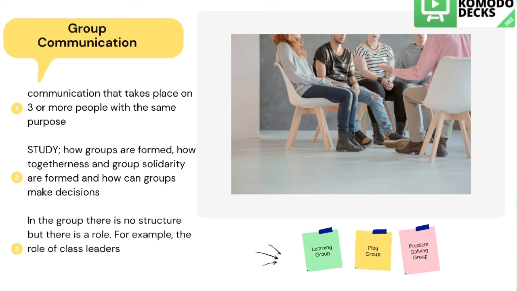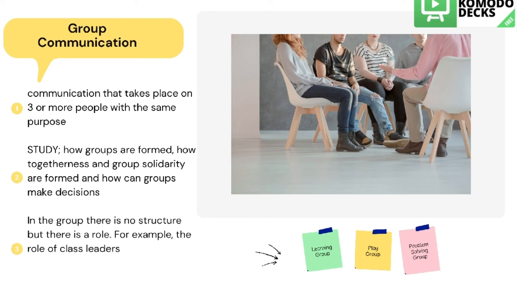If interpersonal communication wants to make a relationship, then group communication wants to achieve a common goal. The closest example of this level is your class, for example, the international class of Introduction to Communication Science.